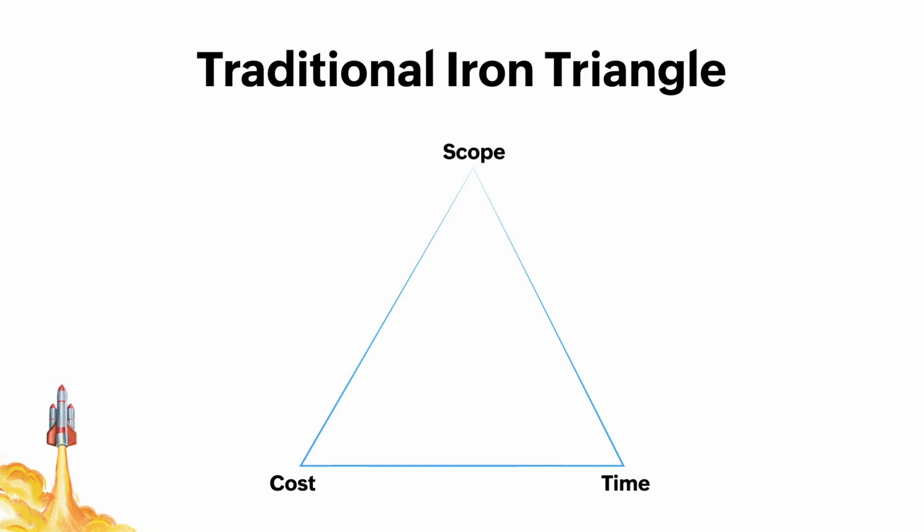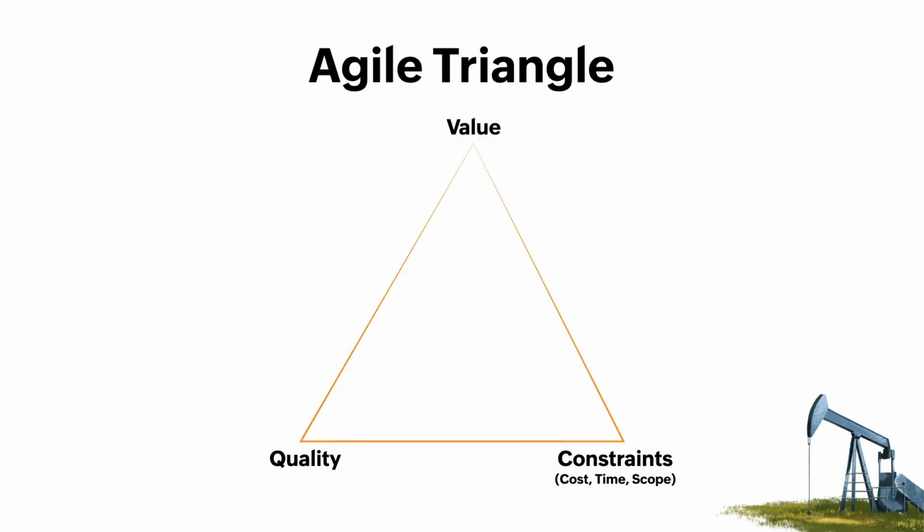And conversely, we can look at the traditional iron triangle, and then we also have another fun triangle, which is the agile triangle. Now, this takes those traditional iron triangle values from the previous one, and they are bundled into what's called constraints. So cost, time, and scope are constraints, and then we also want to take into account the quality of our work, which is very important.